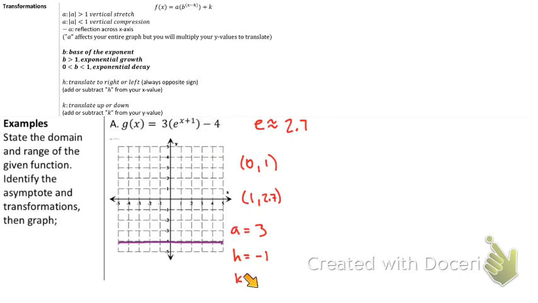Okay, so that means we're going to shift down 4. All right, let's go ahead and do this. Recall the a value multiplies with the y's. So we will have 0, 3 here, and 1, 8.1.